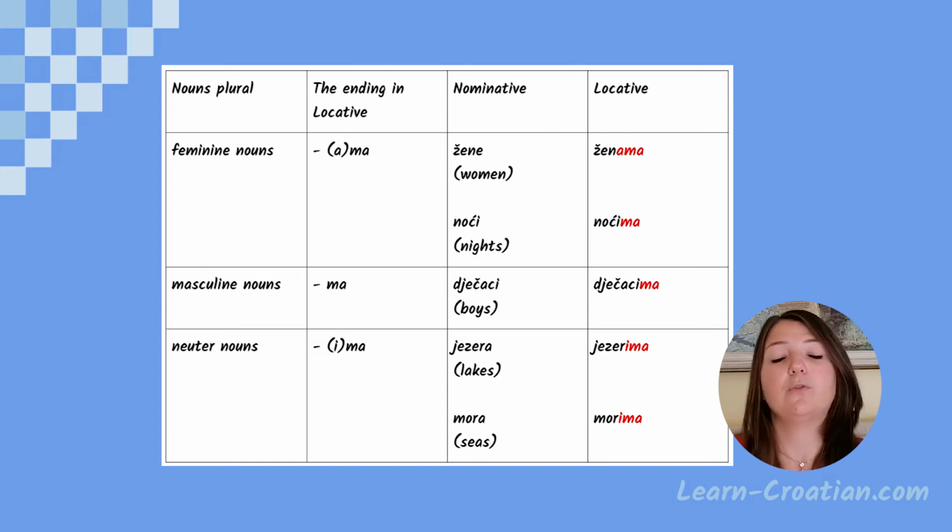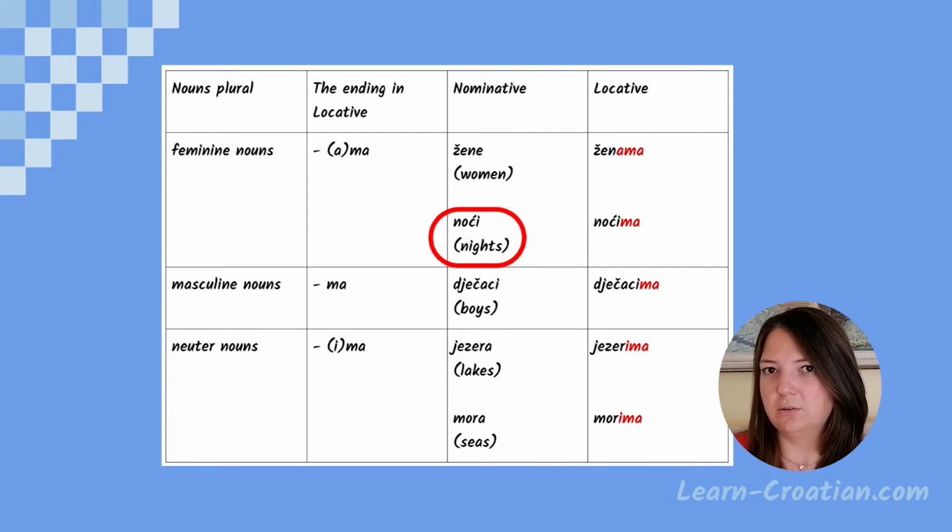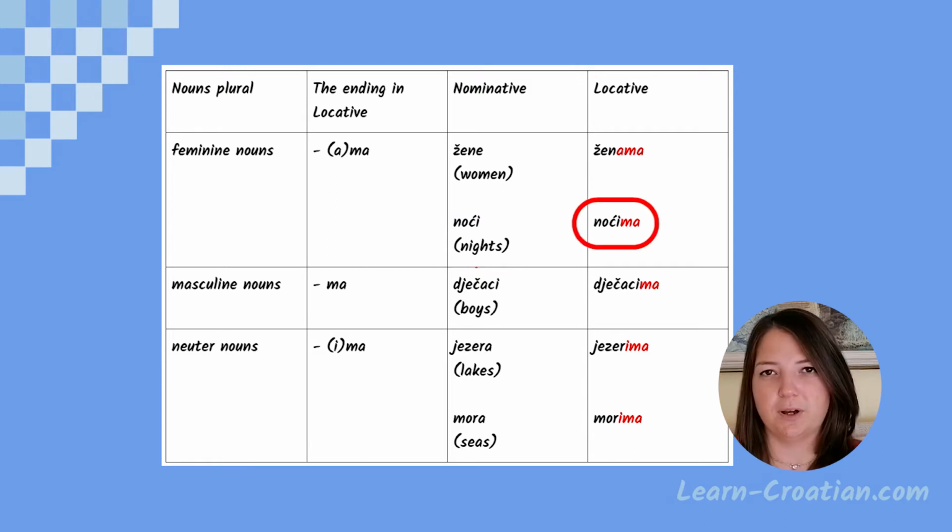So for example, for the feminine nouns, the vowel E, which is usually the ending for the nominative plural feminine, you change it for A. So žene, which is the nominative plural, would be ženama. Noći, which is the nominative plural for nights, would be noćima.